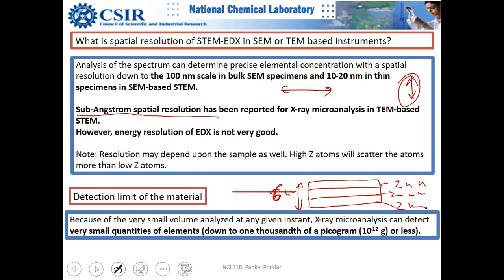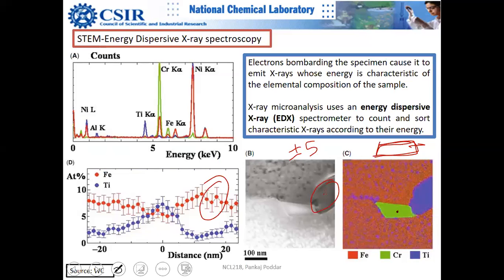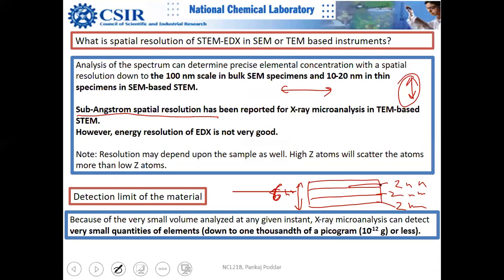Now, what is the guarantee that whatever values you are getting are the same here, here, here? This can be different. There can be a thickness gradient also, right?